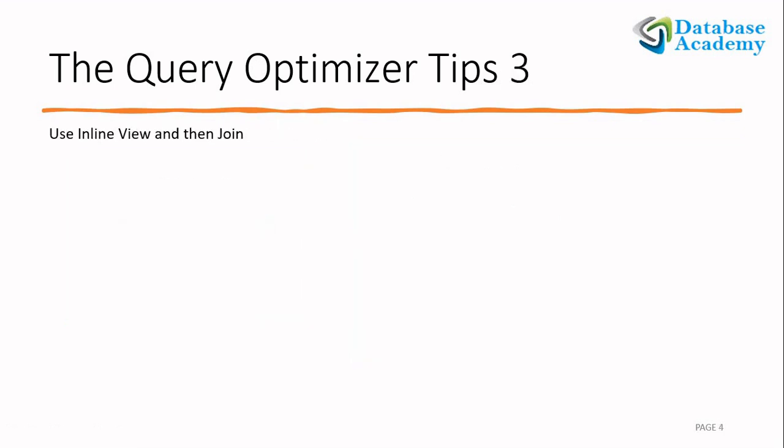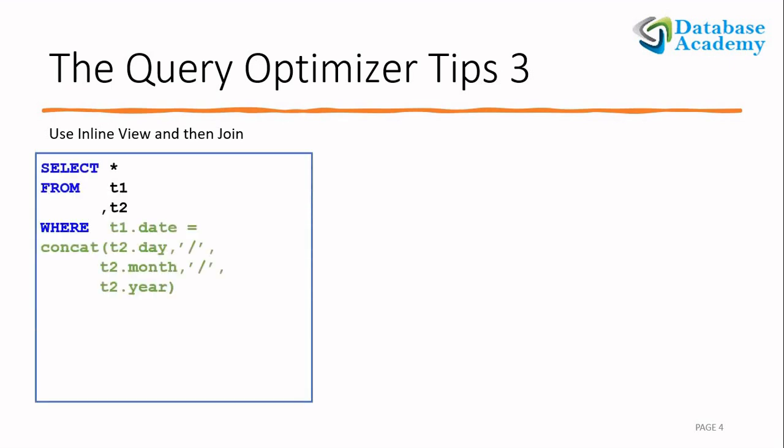Now let us move to another tip, that is, use an inline view and then join. So here this is the condition: we are using select star from T1 and T2, and then this is the where condition. Here from the T1 table, we have a date column and we are using the equal to operator, and then we are getting the data from T2. The T2 table has three different columns for the exact date: day, month and year.